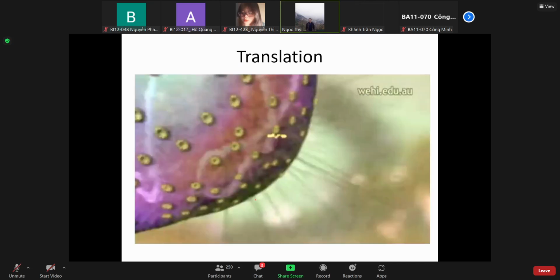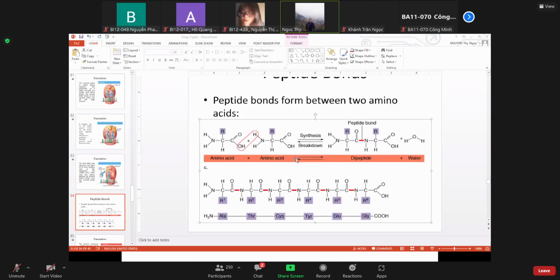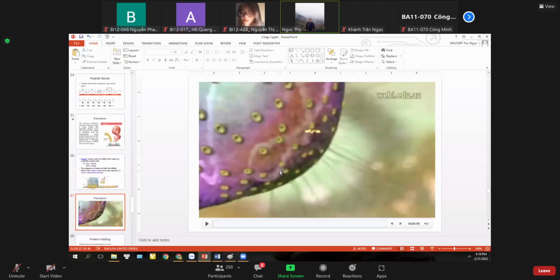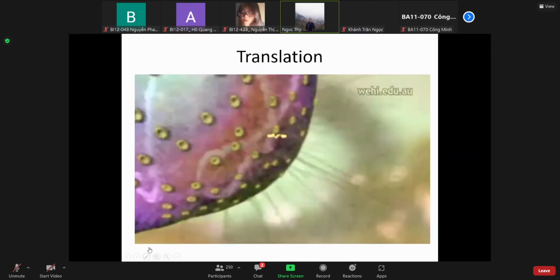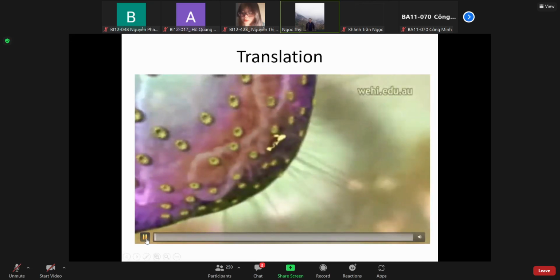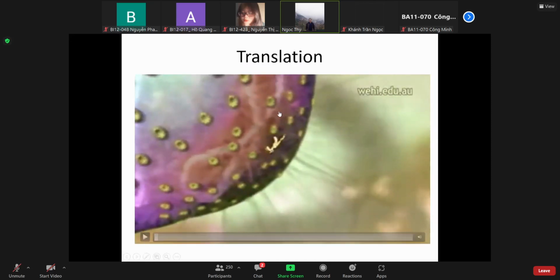So let's watch a small clip to demonstrate the translation process. So this is the nucleus, and this is the nucleus membrane, and you can see the yellow region here is the hole in the nucleus membrane.